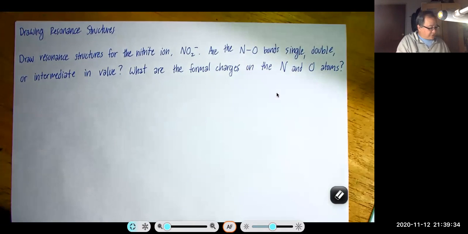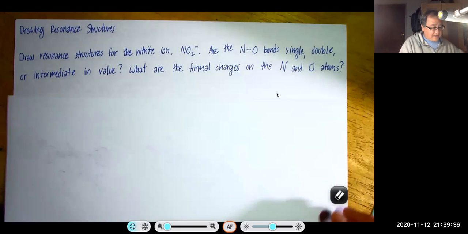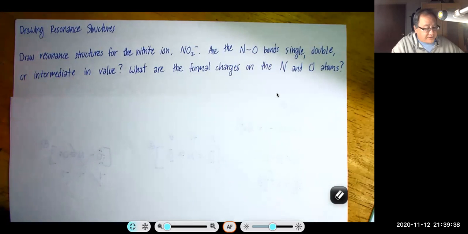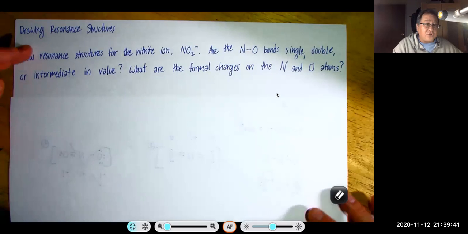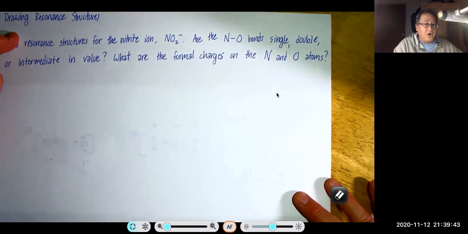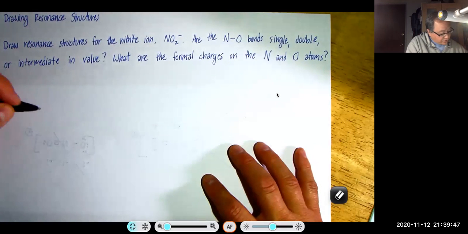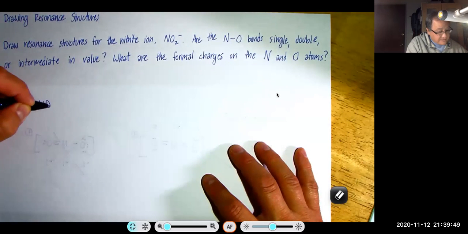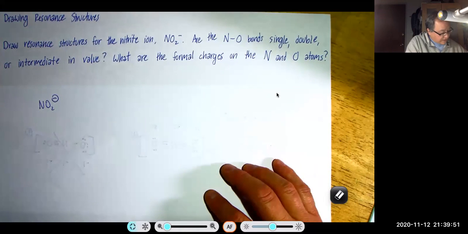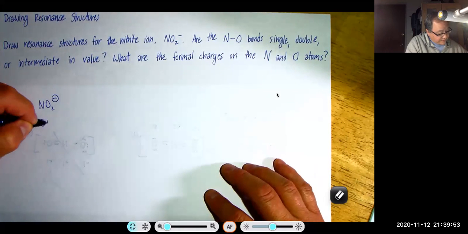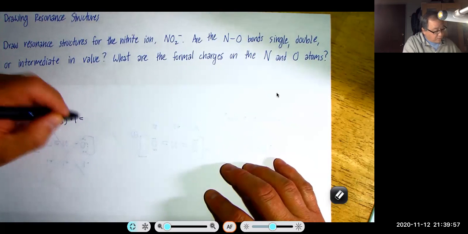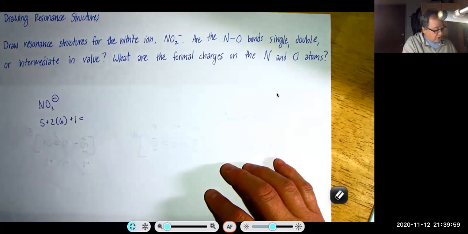So draw resonance structures for the nitrite ion. Are the NO bonds single, double, or intermediate in value? What are the formal charges on the nitrogen and oxygen atoms? So for the nitrate ion, we're talking about 5 electrons plus 12 plus 1 more for that negative charge.